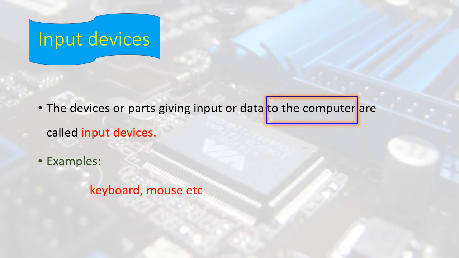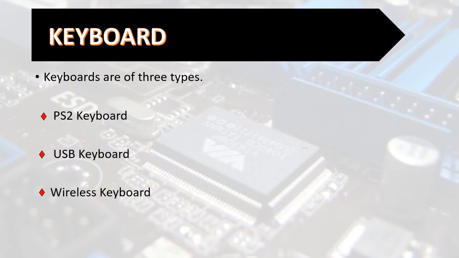Now let's move on to keyboard first. Yes, keyboard are of three types: PS2 keyboard, USB keyboard, then the third one is wireless keyboard. Now let's see one by one.